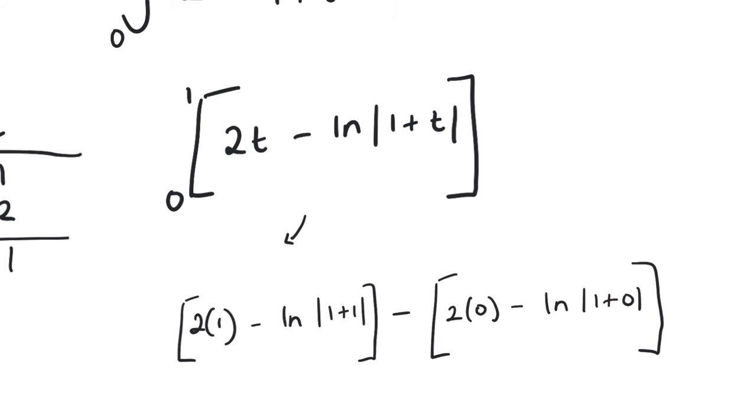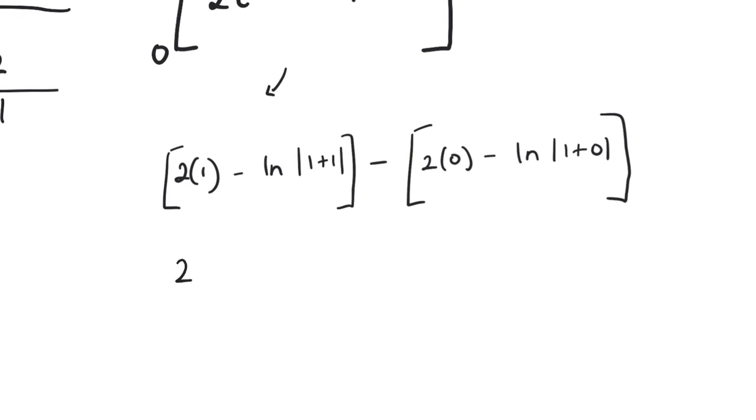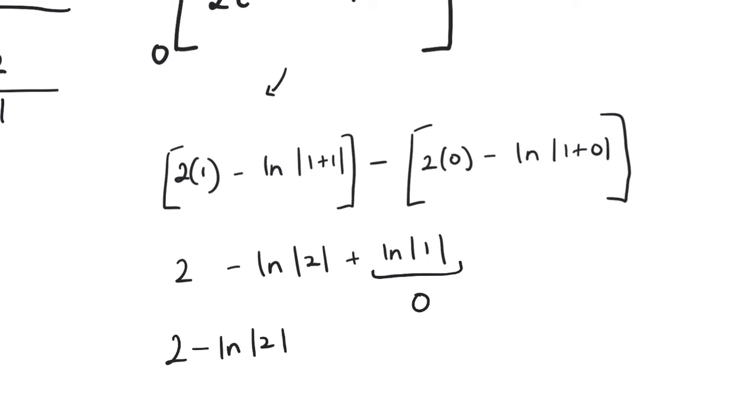So now we're going to have 2 minus ln of 2 minus, this is going to be 0. So minus minus now becomes plus ln of 1. We know that ln of 1 is 0. So our answer is 2 minus ln of 2 units squared.